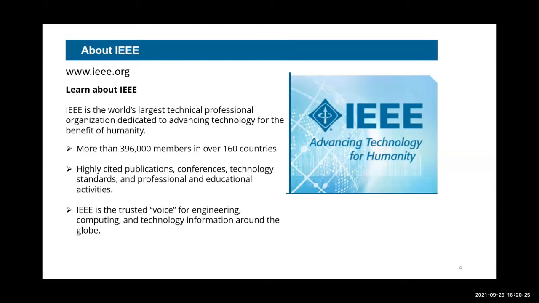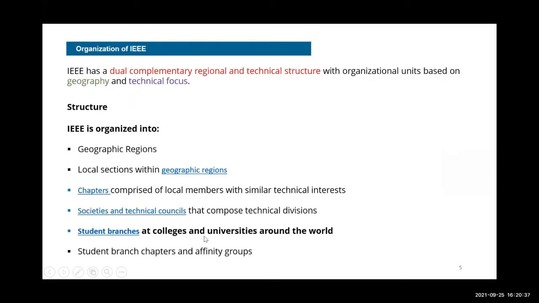Okay. Now IEEE is the trusted voice for engineers. It is considered that way. Engineering, computing, and technology, and information around the globe. Okay. Now, there is a structure to IEEE. So there is a dual complementary regional and technical structure, right?